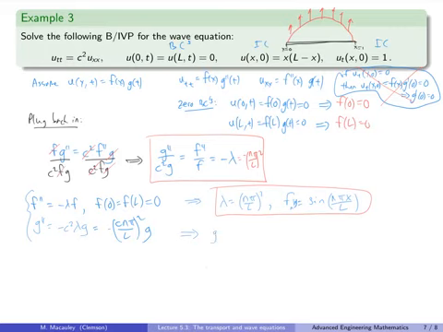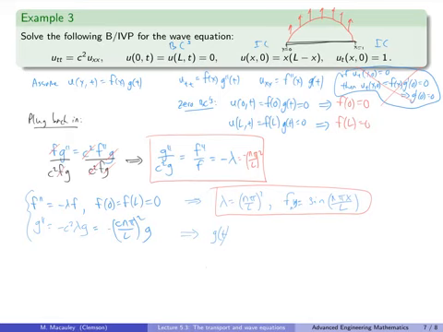So g of t, this is something you should be able to do in your head. g double prime equals negative k squared g. You know that g of t equals a cosine of kt plus b sine of kt.